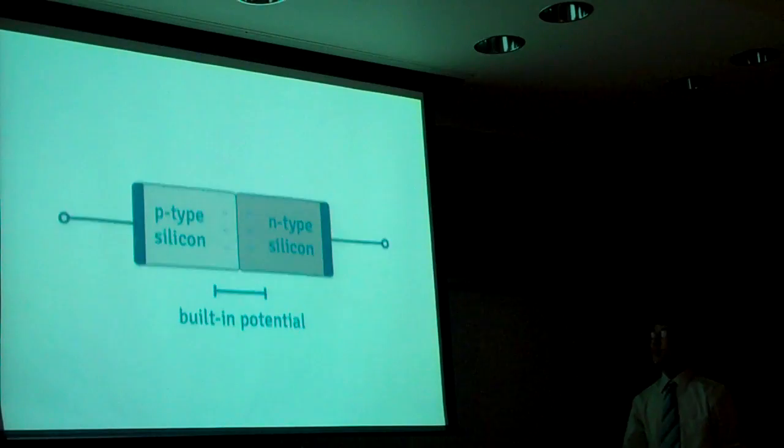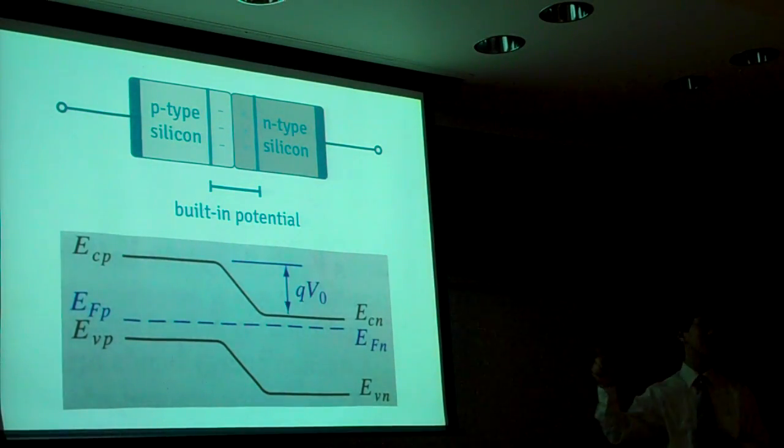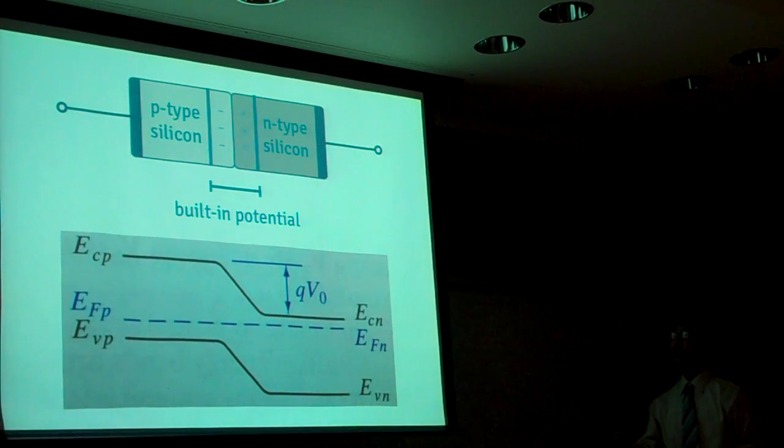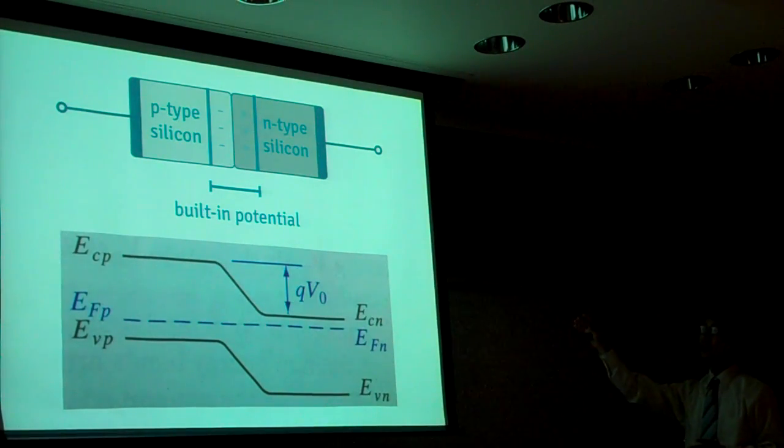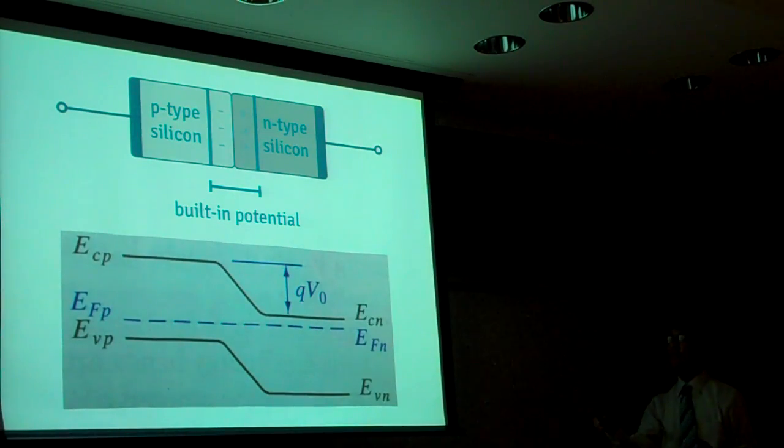And if we look at this diagram, this is a band diagram. As Rio explained this morning, the top one is the conduction band, the dotted one in the middle is the Fermi level, and the bottom one is the valence band. In the conduction band, electrons are free to move throughout the solid, but in the valence band, they're sort of attached to the atoms that they belong to.